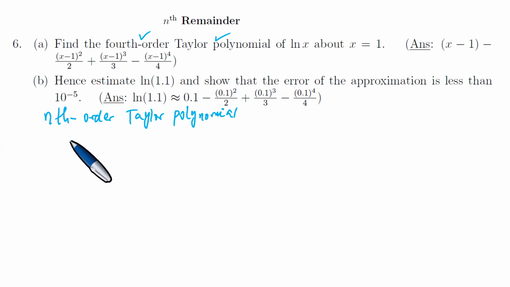So what is the nth order Taylor polynomial? This is the formula. So the formula is going to be the following.